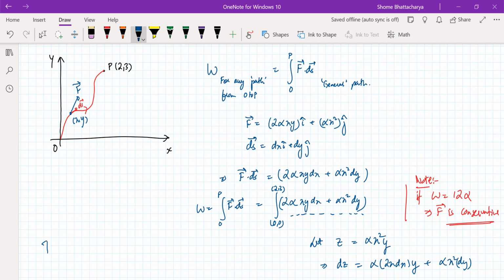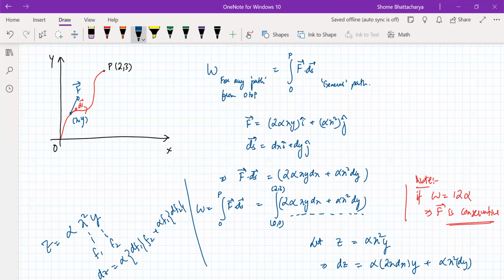It's like z is equal to alpha into x square into y. This is my first function, this is my second function. So dz is alpha into derivative of first function into f2 plus alpha into first function into derivative of second function. So it's like the product rule concept.